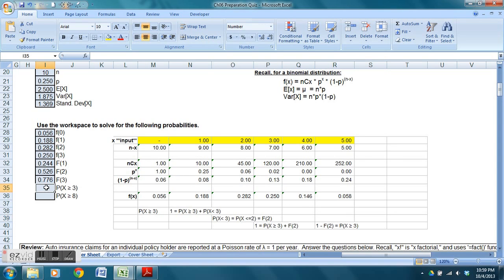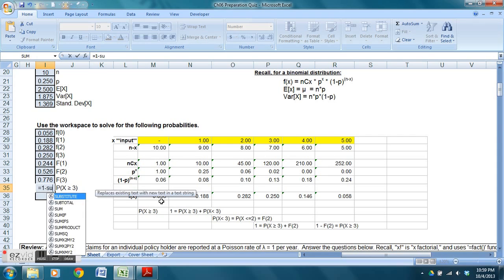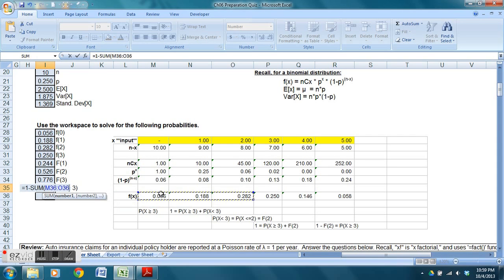So that is our answer. There's F of 2 right there. Or we can state that this is equal to 1 minus F of 2 and point to this cell. Same answer.